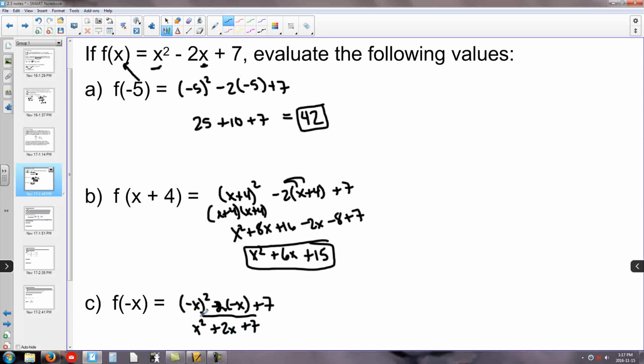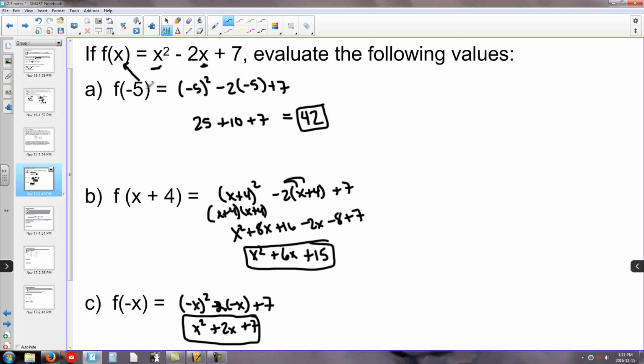Now if you look at the original function and this function, they're not very different. In fact, the only difference is this 2x became positive instead of negative. But we're allowed to substitute inside. In this function notation, do you realize how much it would take to write, if substitute negative 5 into the function x squared minus 2x plus 7 and simplify.